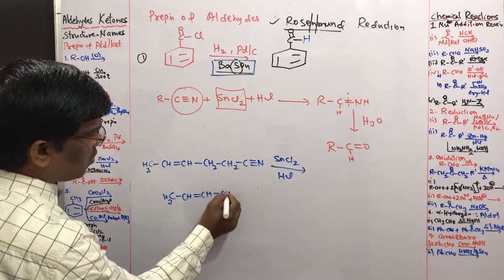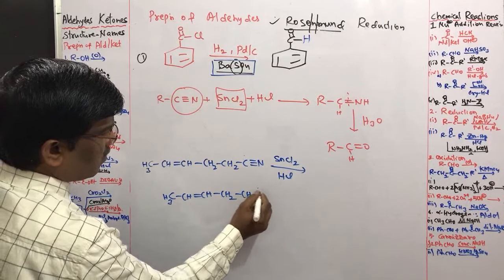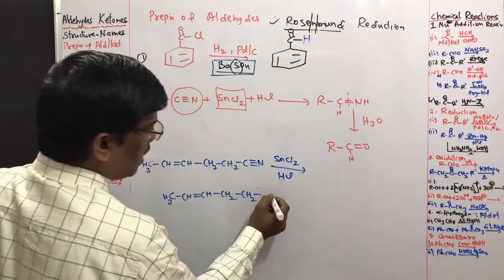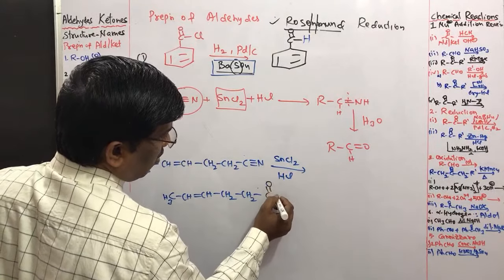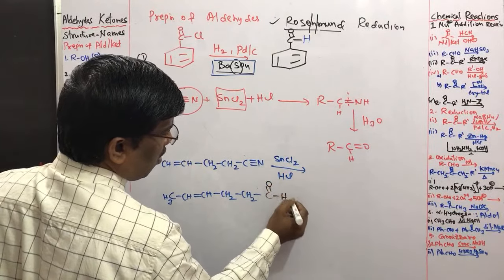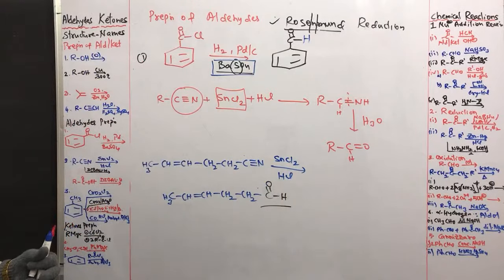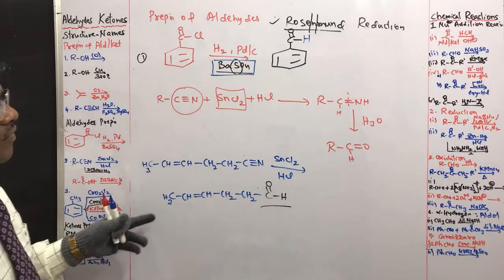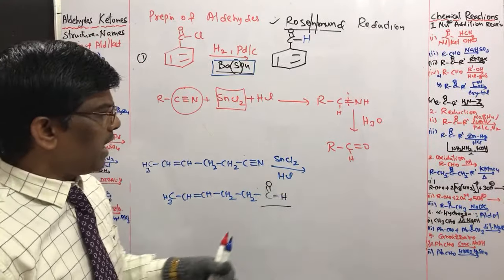This double bond is going to be intact, where nitrile is going to be reduced to aldehyde. So from nitriles, we can do preparation of aldehydes.